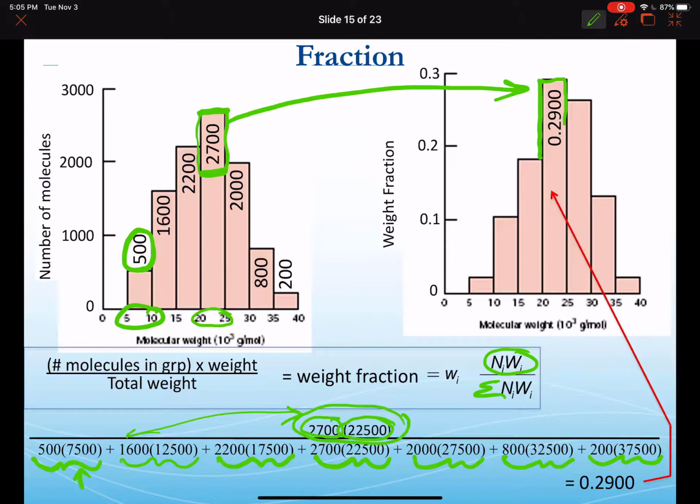We're putting the average of this bar chart more to the right than what we saw in the number fraction graph, which was of the same shape as this with a different y-axis. Hopefully you can see visually now how we get a weight fraction average mass for the chains that is at a higher x coordinate than the number fraction approach.